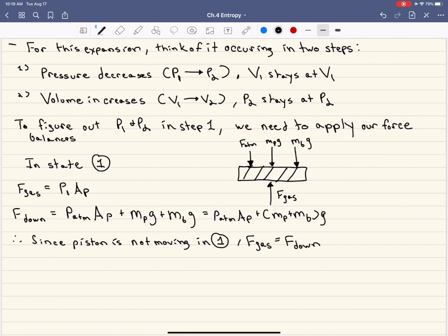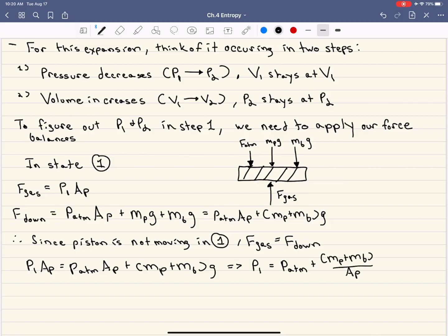The force of the gas we know is this. The force in the downward direction we know is this. And if we solve for P1, we get this relationship, with the gravitational acceleration. So that's the pressure of the gas in state 1.